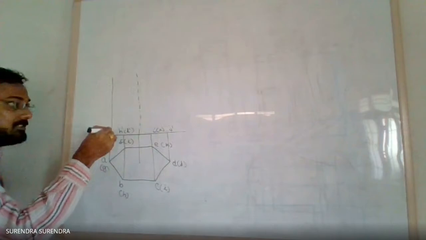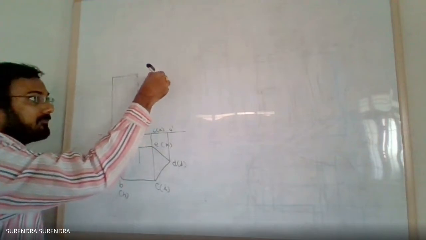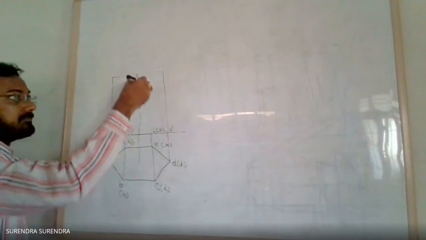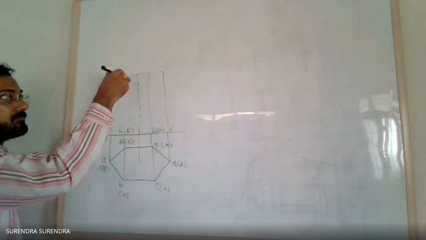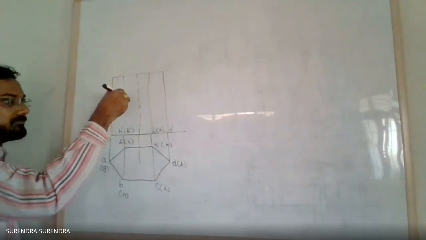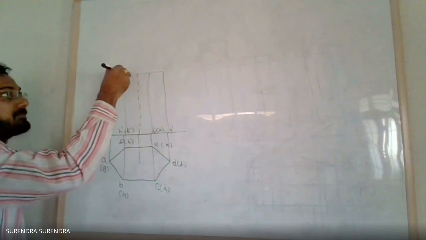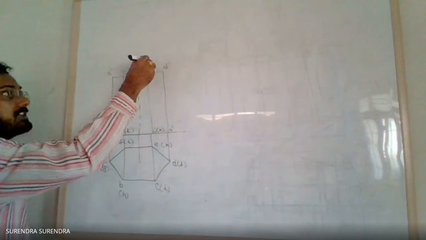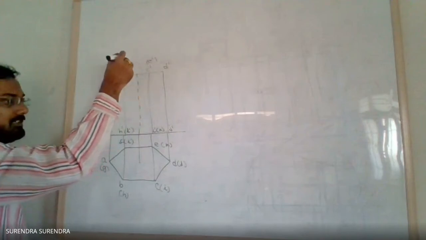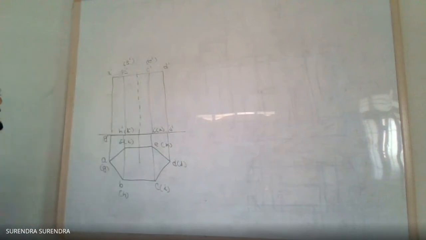Extend the remaining straight edges to the given height. Name these points as A dash, B dash, C dash, D dash, E dash and F dash.